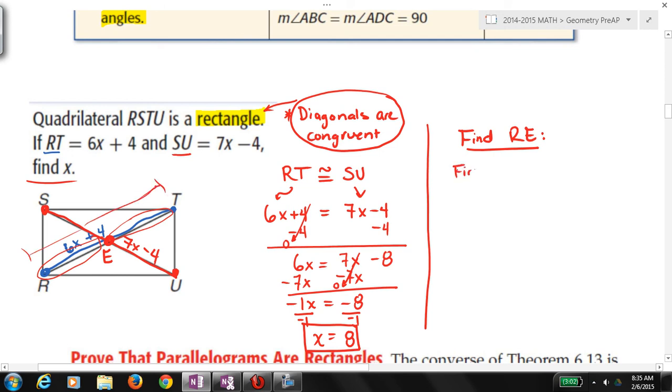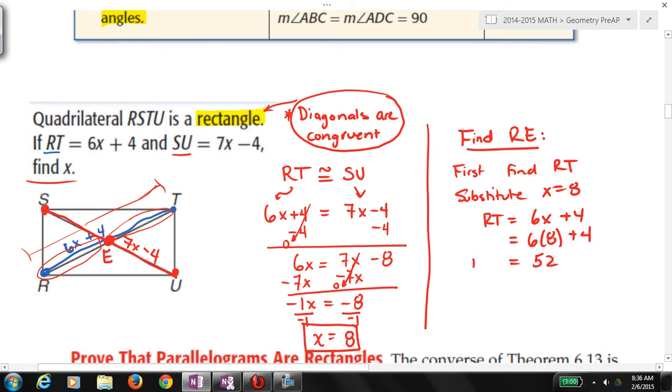So first, I would find the whole diagonal, and I'm going to go ahead and substitute now x is equivalent to 8. RT was 6x plus 4. But now that I know that x is 8, I'm going to substitute that in here. And 48 plus 4 is 52. I know that RT is 52.